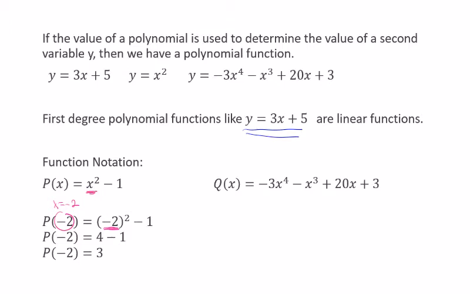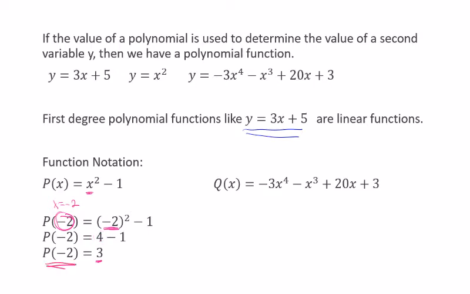And so basically you just plug in that value and then do the operation that's happening, right? So here in this case it would be x squared, so we'd do -2 squared, right? And then we take away 1. So we just do the operations to whatever this input is and then evaluate that. Okay, so in this case, -2 squared would be +4, and then 4 minus 1 would be 3.